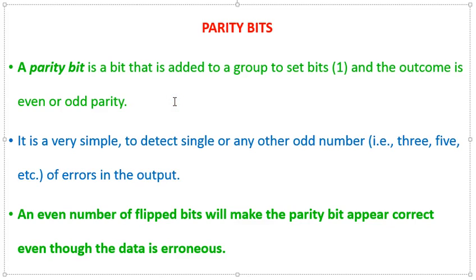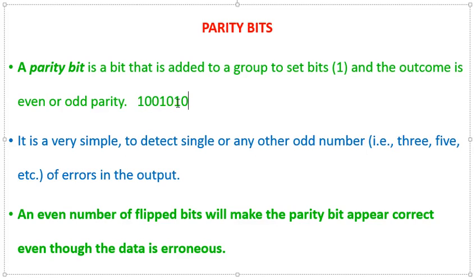For you to understand this, let us assume that we are dealing with even parity, and I have a data like this. If you look at this data, how many ones do I have? 1, 2, 3.